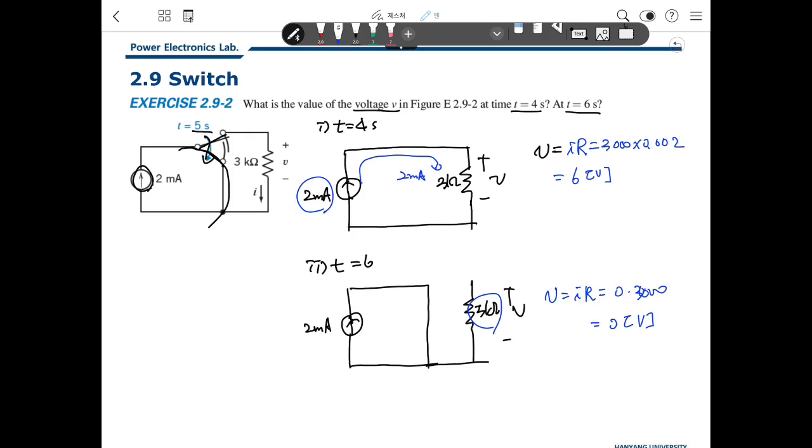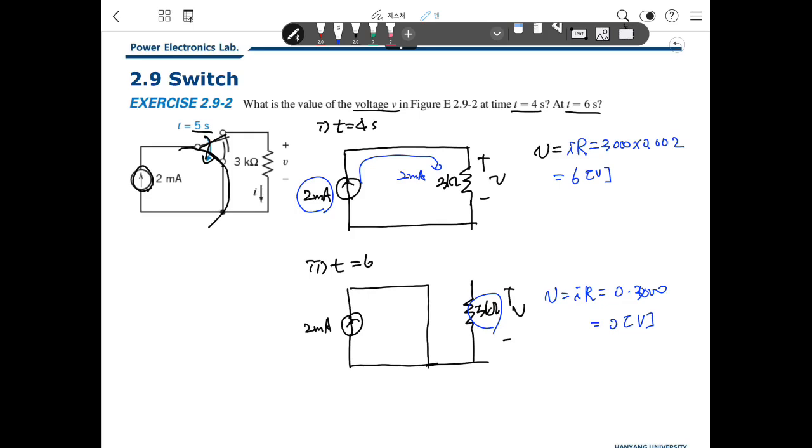Up to this point we covered the elements in the electric circuit. That is the source: the ideal independent voltage source, independent current source, dependent current source, and dependent voltage source. And the switches determine the path according to time. The switch can be modeled as a resistor.